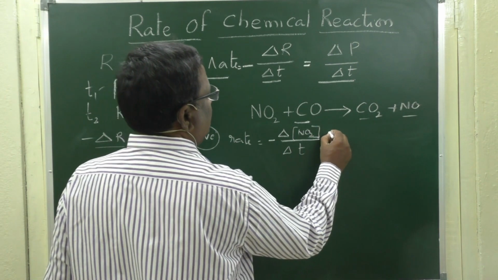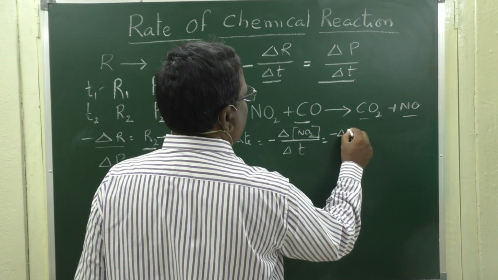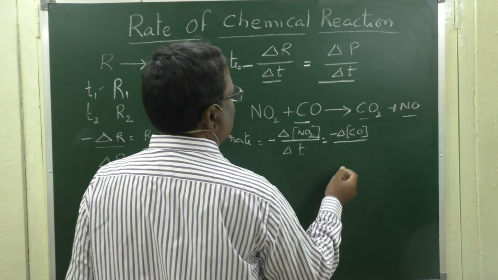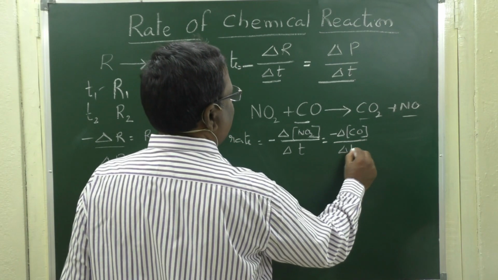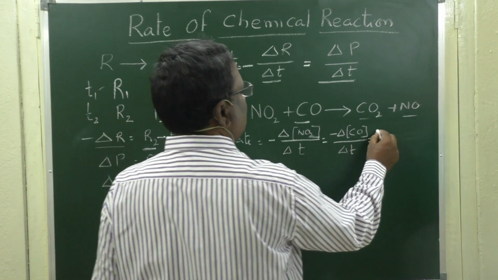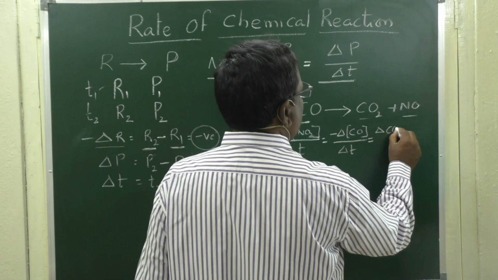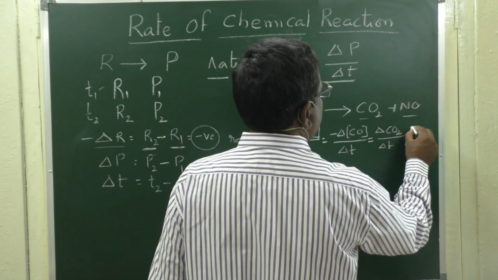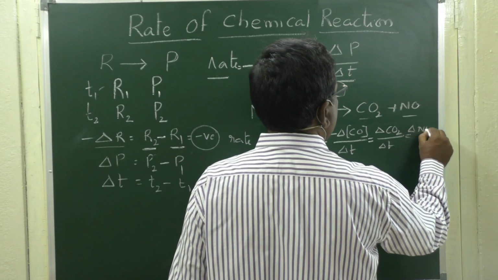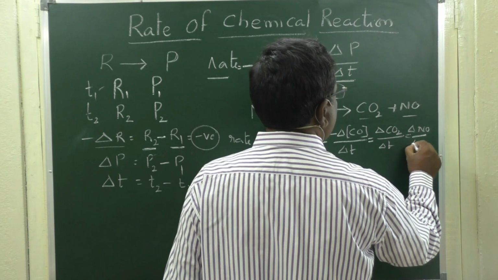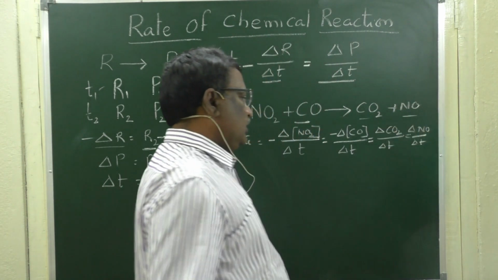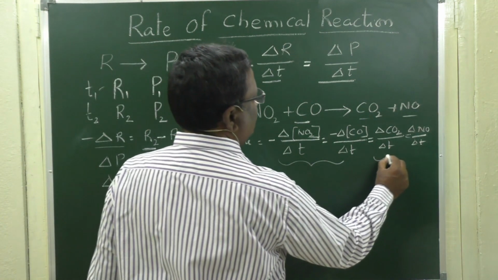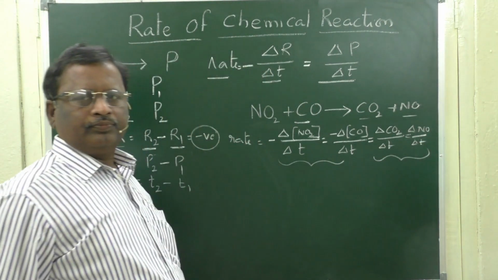Similarly, minus delta concentration of CO by delta T, or change in the concentration of CO2 by delta T, or change in the concentration of NO by delta T. Here these two are reactants and these two are products.